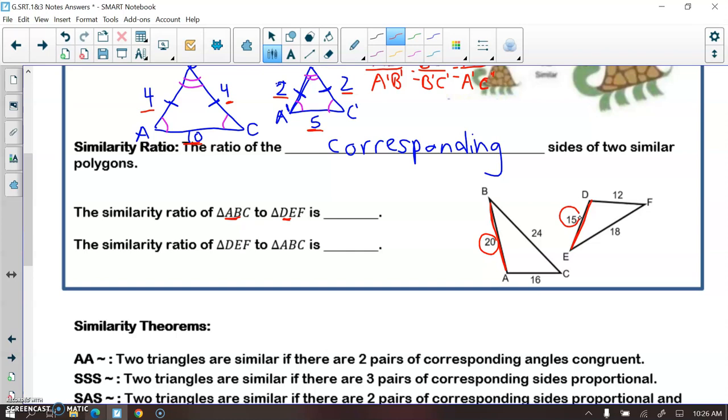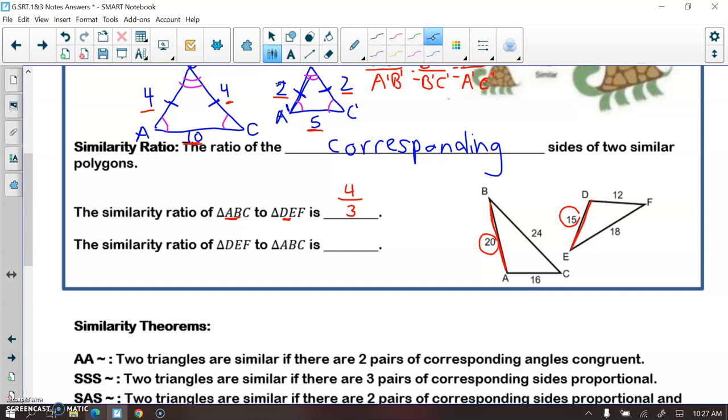However, we do need to reduce. So both 20 and 15 are divisible by 5. A 20 divided by a 5 is a 4, and a 15 divided by a 5 is a 3. So my similarity ratio from triangle ABC to triangle DEF is 4:3.